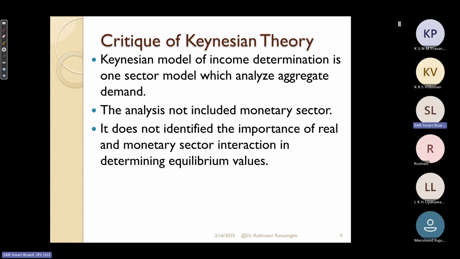So that needs to be incorporated, right? It did not identify the involvement of the monetary sector in financing such expenditure, and it does not identify the importance of the interaction between the real and monetary sectors. We try to explain the income determination model by looking at the real sector on one side.